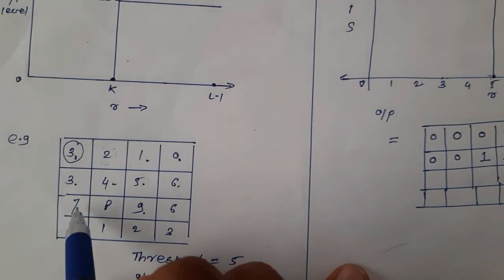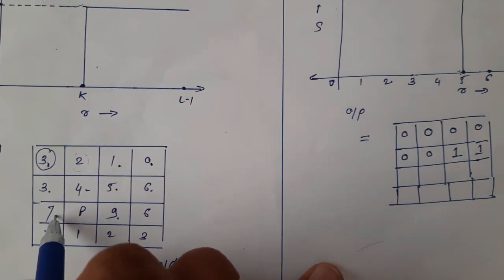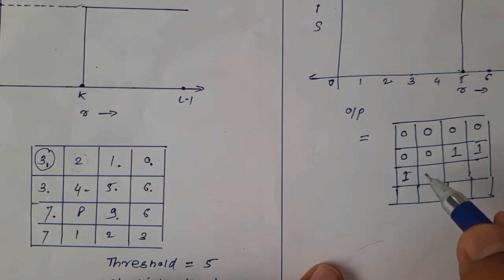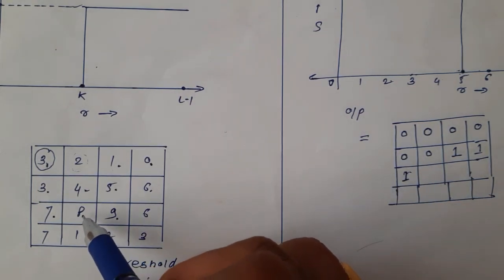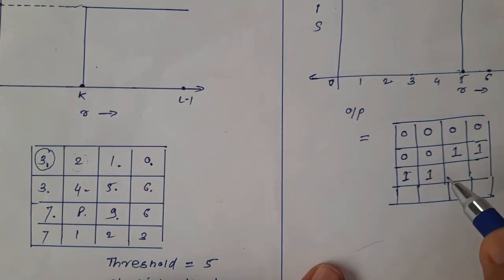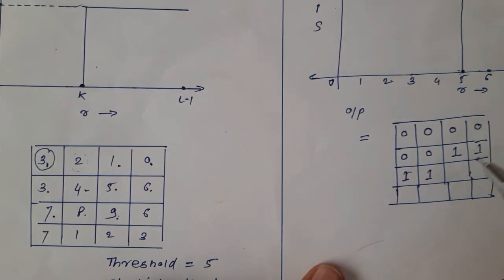Now the next value is 7. This 7 is higher than threshold, so you have to convert it from 7 to 1. Now I am having 8. This value is converted to 1 once again because it is higher than threshold. Now I am having 9. This 9 will also be converted to 1 because it is higher than threshold.